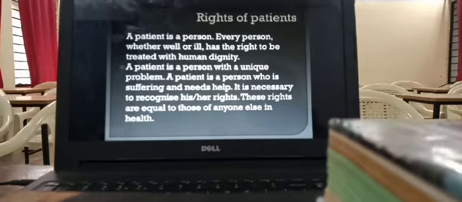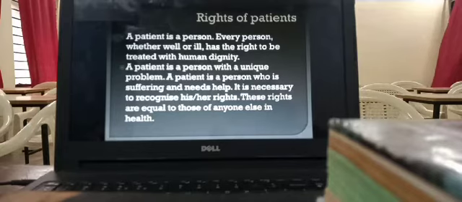The rights of a patient usually denote the conduct between the patient and the care providers. Every patient, as we all know, has the right to access to care with patient dignity and confidentiality.